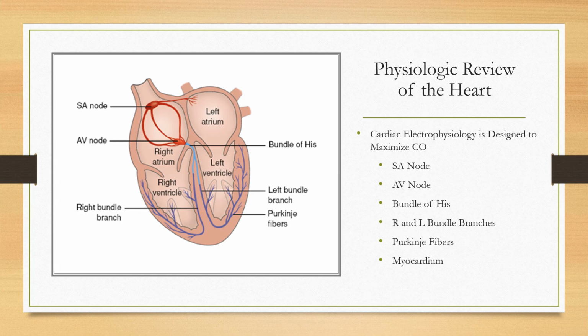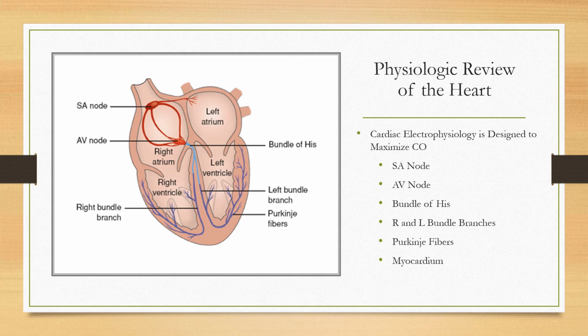It's influenced by the autonomic nervous system, where the sympathetic branch can increase the signal from the SA node and make the heart go faster, or with the parasympathetic branch, it can send a signal to the SA node to slow down the heart rate. Okay, so the SA node is an automated pacemaker. It continually depolarizes and repolarizes, and it sends out an electrical signal to the atrium.